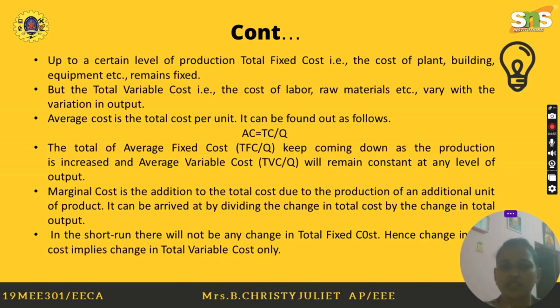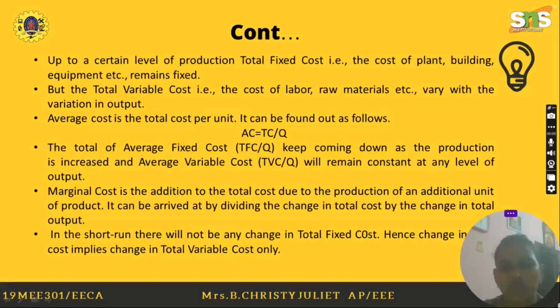So the total fixed cost, as the name implies, remains fixed for a certain level of production. But the total variable cost, that is the labor cost, raw materials, and the output, will have an impact on the total cost, because we know cost is equal to fixed cost plus variable cost.